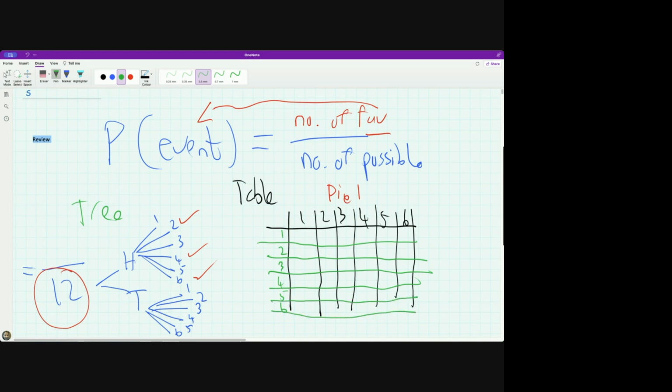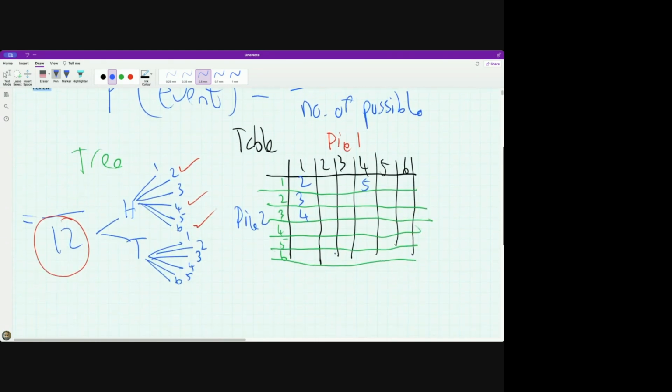And if I look at this table, I know straight away there are 36 different outcomes, although some of them will be the same. So I think we investigated how many different sums there are if you sum up 2 dice: 1 plus 1 is 2, 1 plus 2 is 3, 1 plus 3 is 4, or 4 plus 1 is 5. So you can really get a good sense of what outcomes are possible for these 2 dice if you use a table.